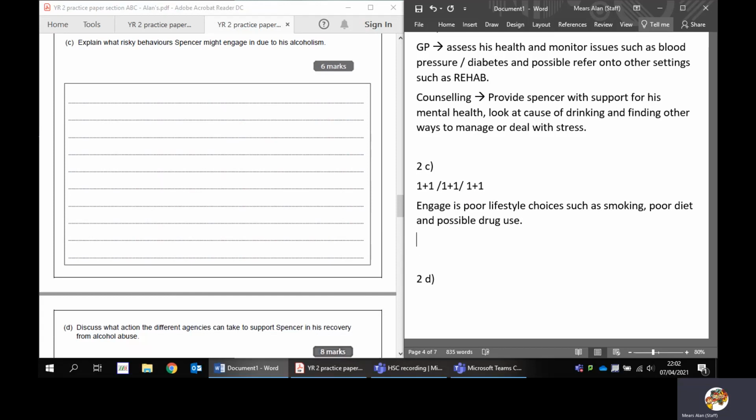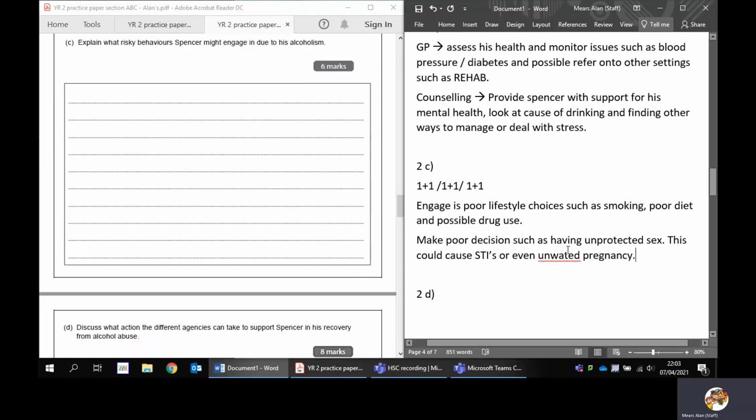He may make poor decisions, such as having unprotected sex. The impact there, this could cause STIs or even unwanted pregnancy.